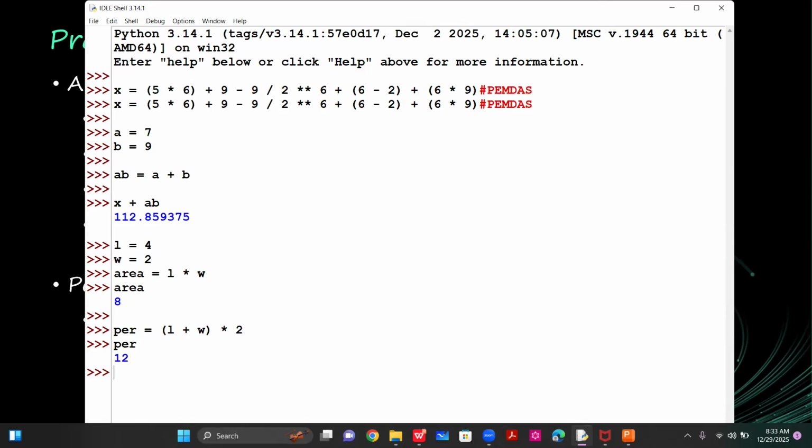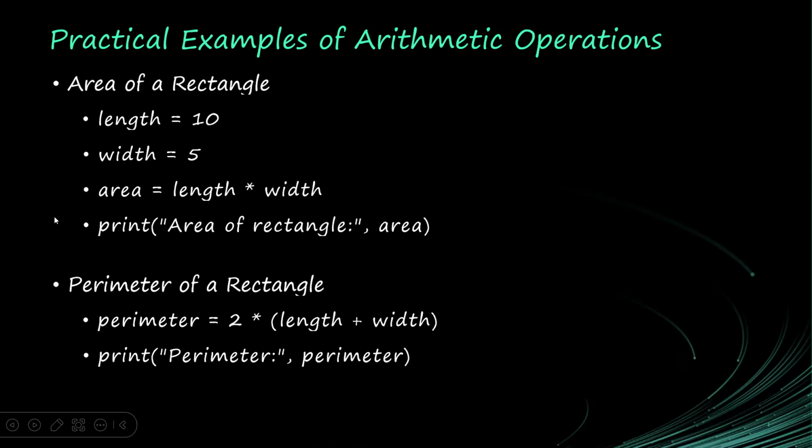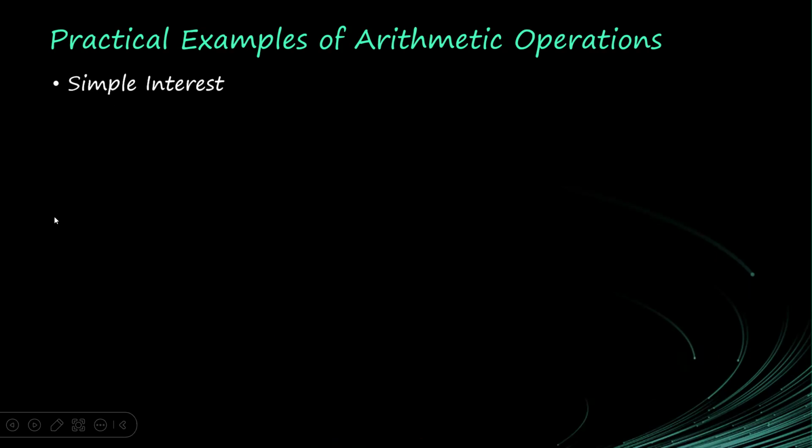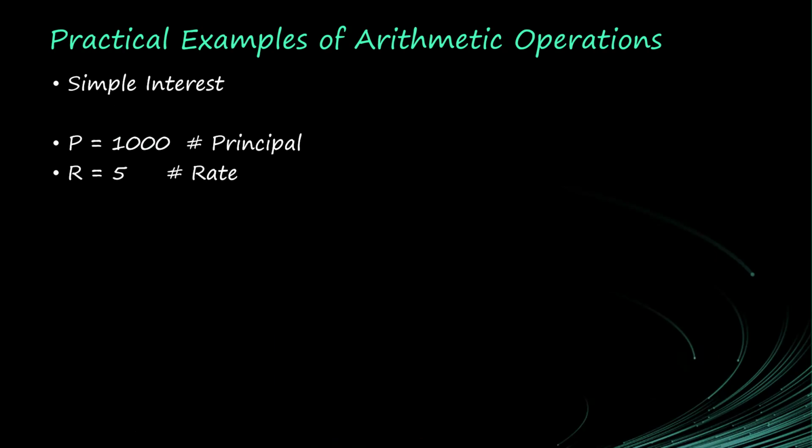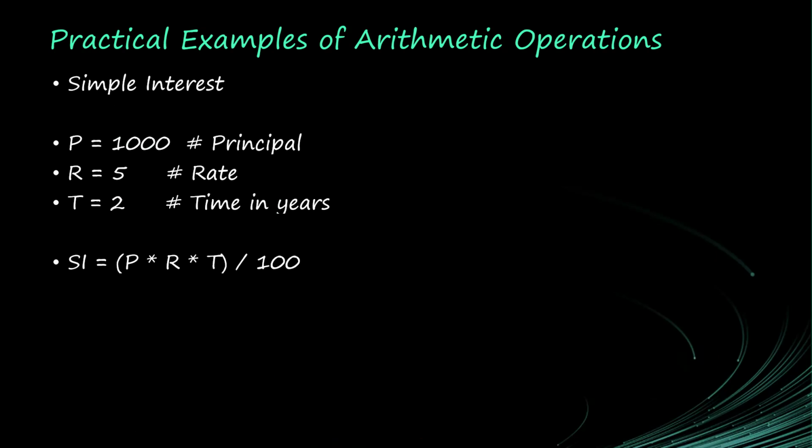Now the next example is calculating the simple interest. If you want to calculate the simple interest, you will have the principal, the rate, and the time, like the duration. I want you to perform this yourself. It's very simple. You know the formula for simple interest: principal times rate times time divided by 100.